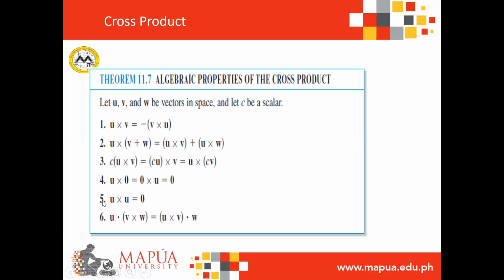Then for the fifth property, U cross U equals 0. And then we have the sixth property, which is U dot quantity V cross W equals U cross V dot W.